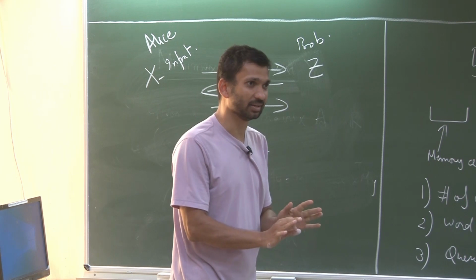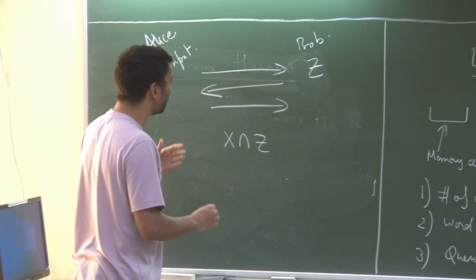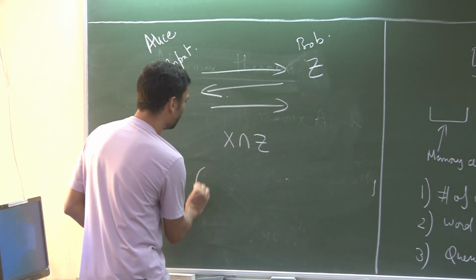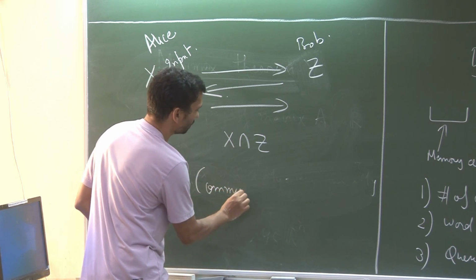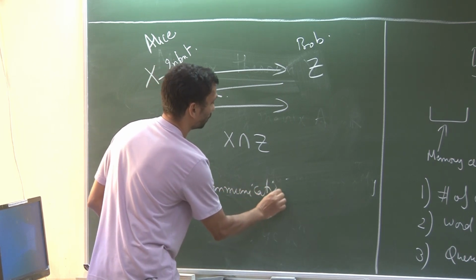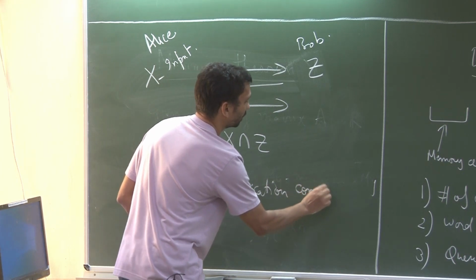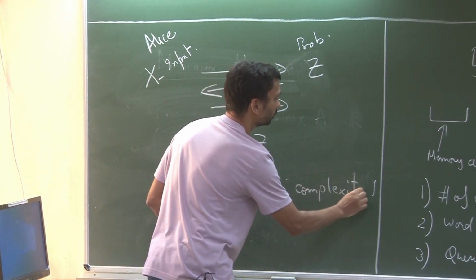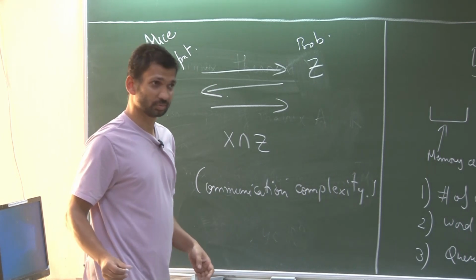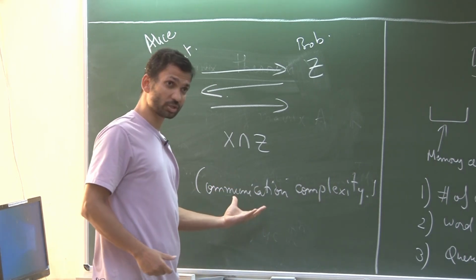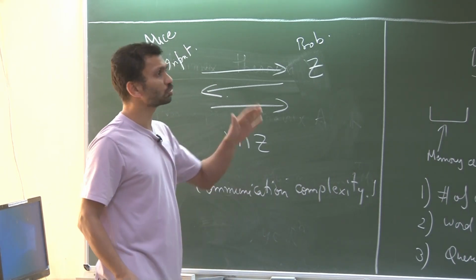This is the idea again, right? It turns out that this is a very, very successful model. This is called communication complexity. How many people have heard of it? Okay. So this is called communication complexity, and this is not just useful in data structures.